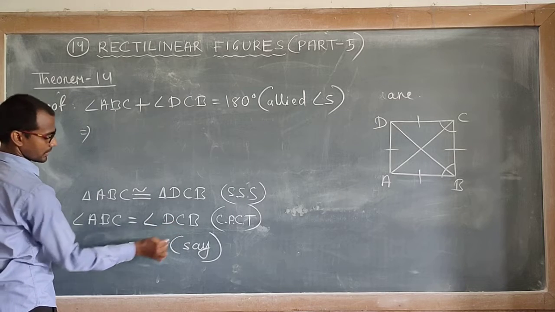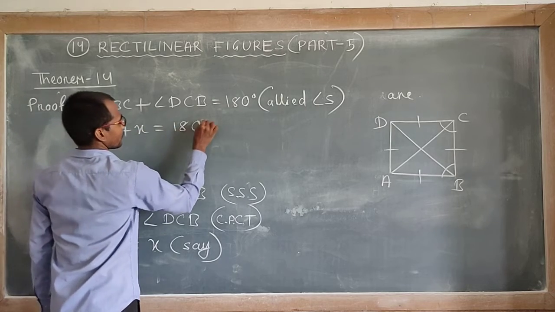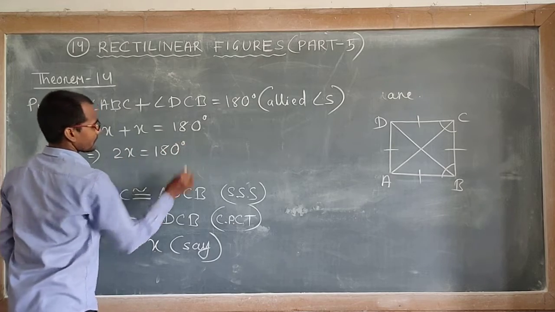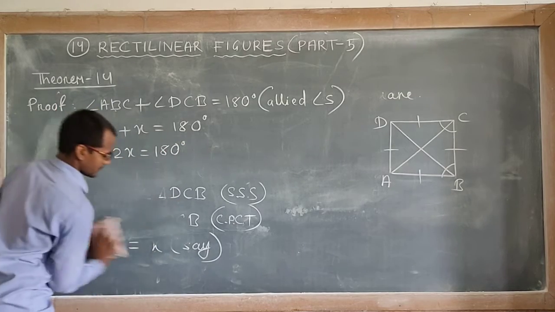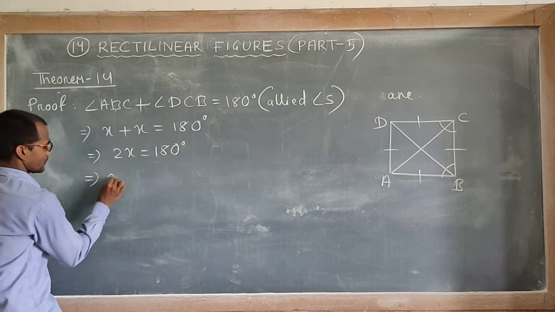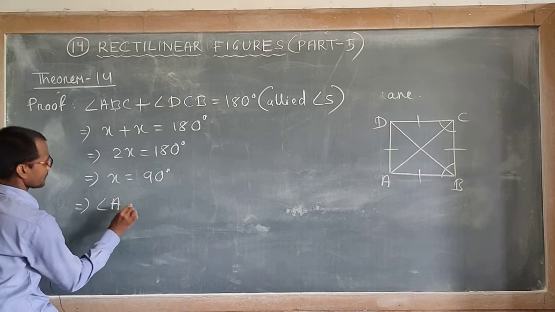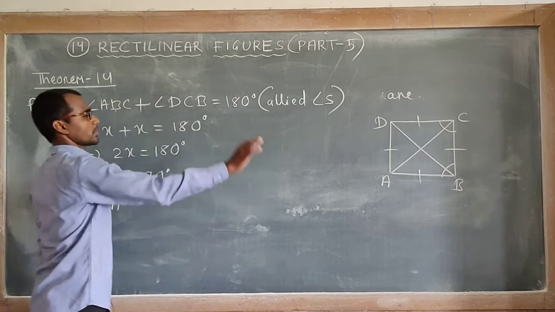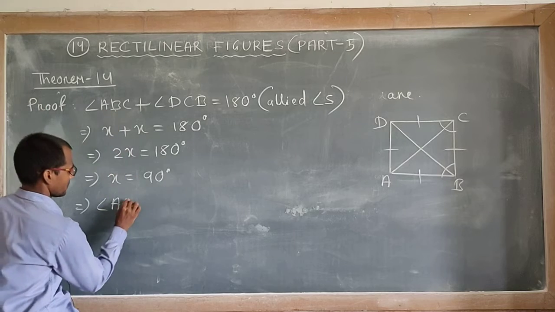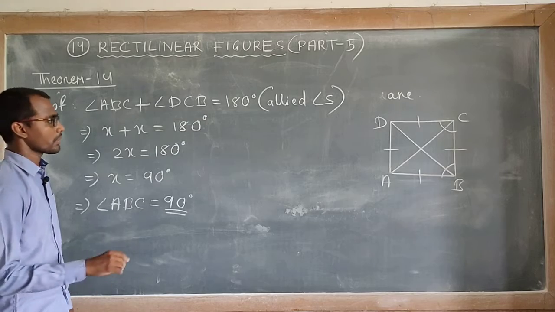X. What is DCB? X. X plus X is 180 degree. 2X is 180 degree. X is equal to 90 degree. That means angle ABC is 90, angle DCB is also 90. One is sufficient, so I am taking angle ABC. ABC is 90 degree.